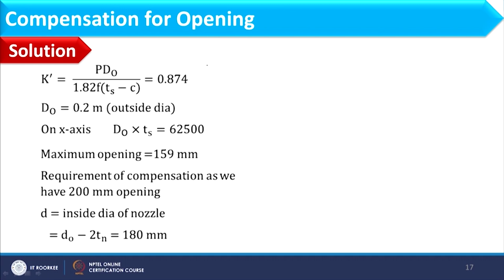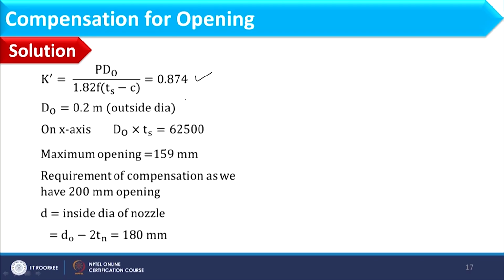So, first of all we will see K dash, because I need to examine whether compensation is required or not. So, K dash is computed like P Do by 1.82 f (Ts minus C). Considering all these values over here, we have K dash 0.874. Outer diameter of opening is 0.2 meter.